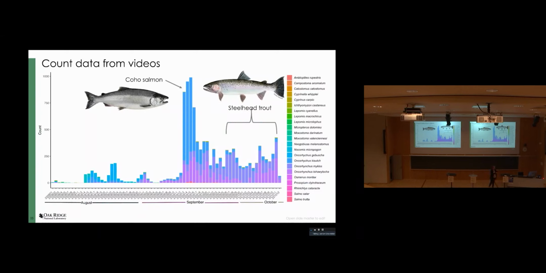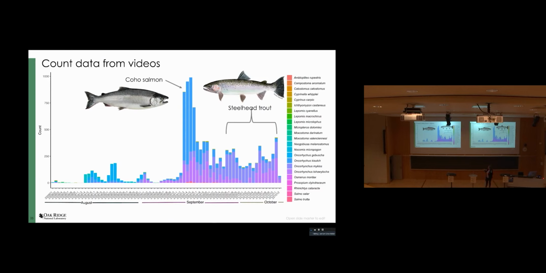In early August, we don't have a lot of species or individuals coming through. But then in mid-September, we get this run of coho salmon. The run ends rather rapidly, and we get a turnover and have a steelhead run that occurs.